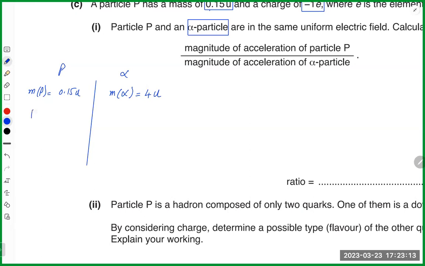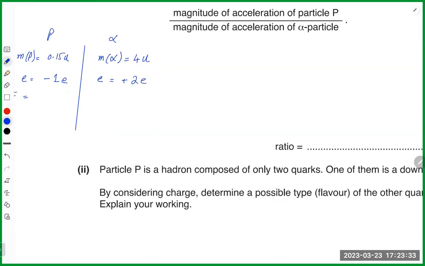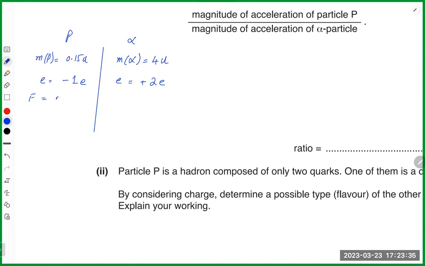Now, force. The charge of P is -1 and the charge of alpha is +2. Because they are in the same electric field, the force will be proportional to -1 and +2.